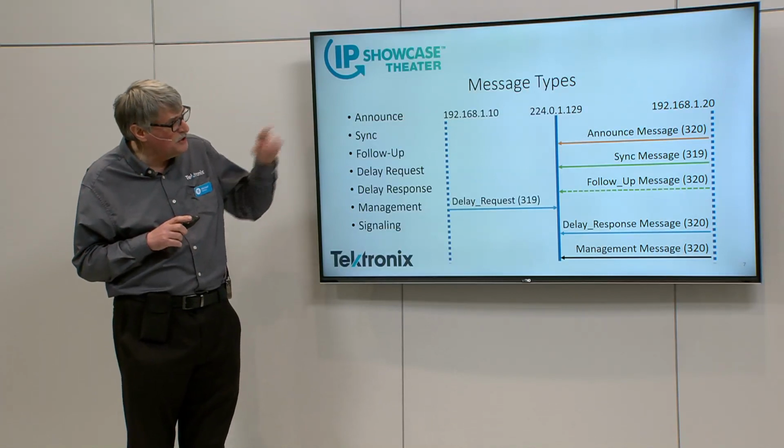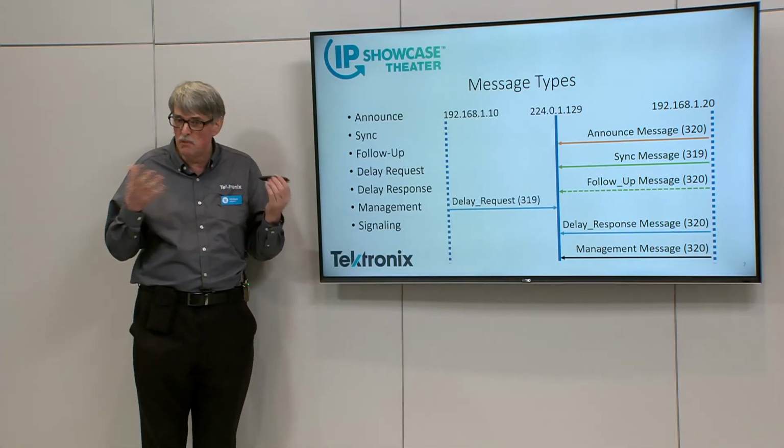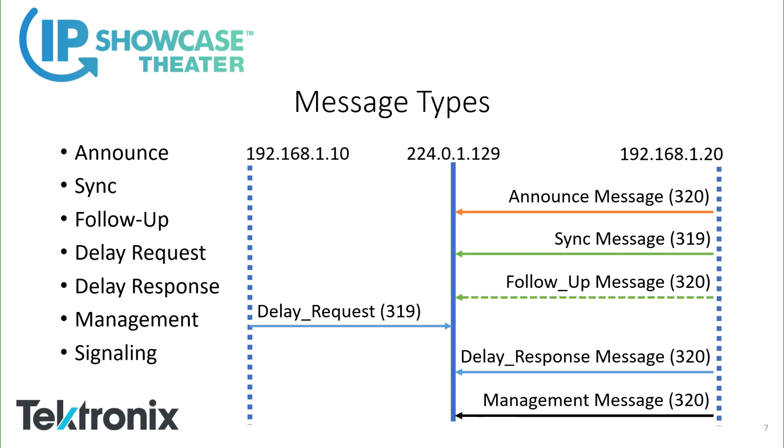And each of these messages goes to typically a multicast address of 224.0.1.129. You can send the PTP messages by unicast as well, but it's only going to be between you and the other device. But in this case, you can see different devices would be able to send those messages either on port 320 or on port 319.